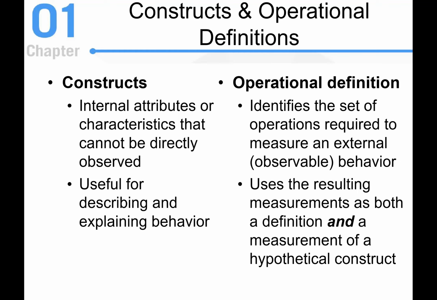So let's go back to hunger, right? We can't directly measure or observe hunger because it's an internal attribute or characteristic, right? But we all kind of know what hunger means, right? So one way that researchers could operationally define hunger is by saying, hey, if you haven't eaten in 12 hours, then you will experience what is considered to be hunger.